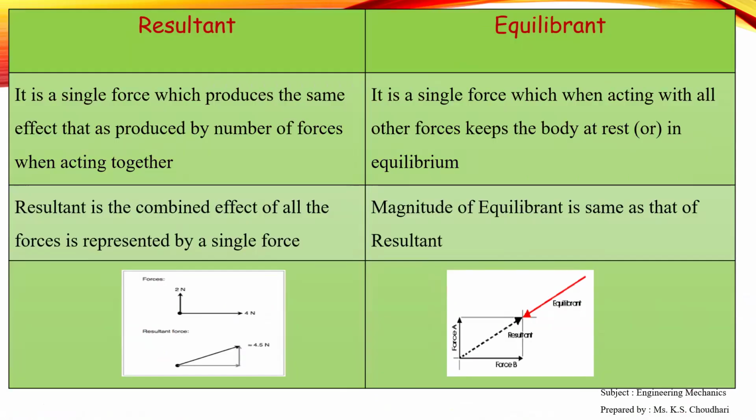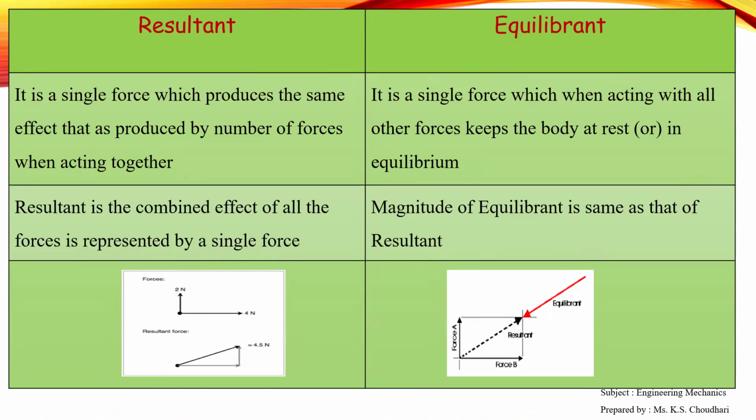We will study the basic difference between resultant and equilibrium here in tabular format. Resultant is the single force which produces the same effect as that produced by a number of forces acting together. Resultant is the combined effect of all the forces represented by a single force.